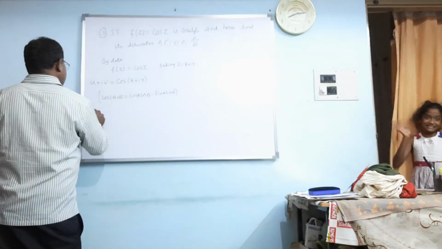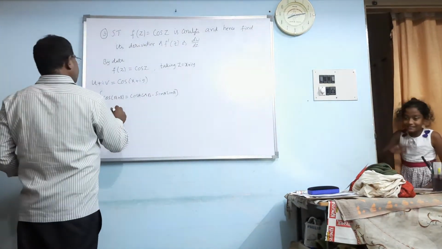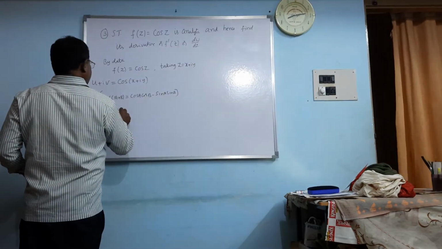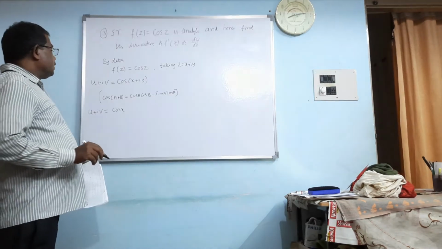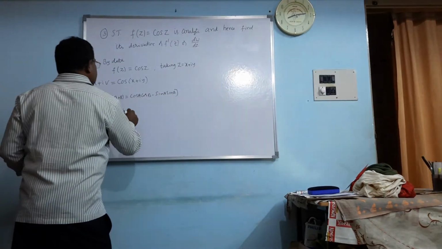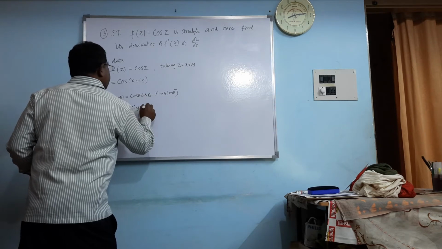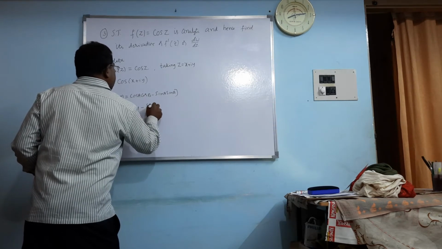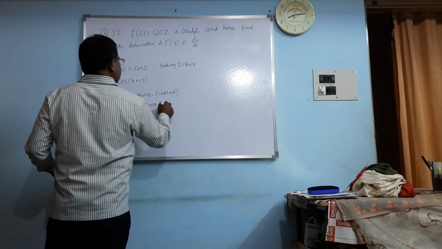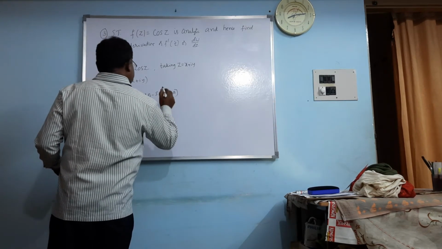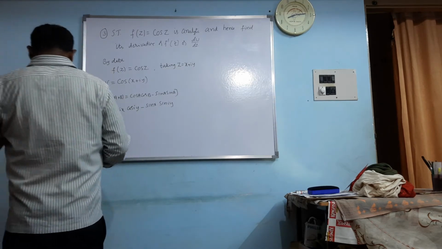According to this, u plus iv, expand: cos x cos iy minus sin x sin iy, right?